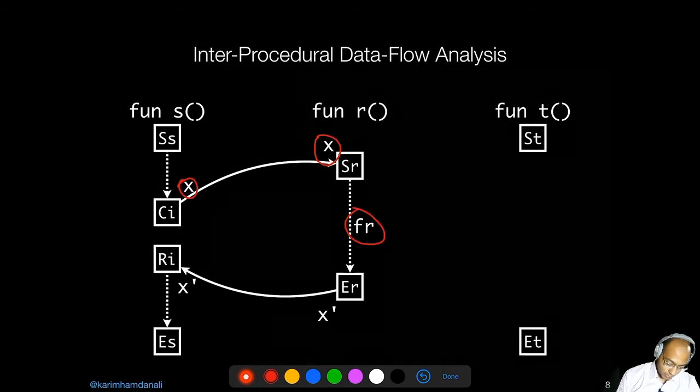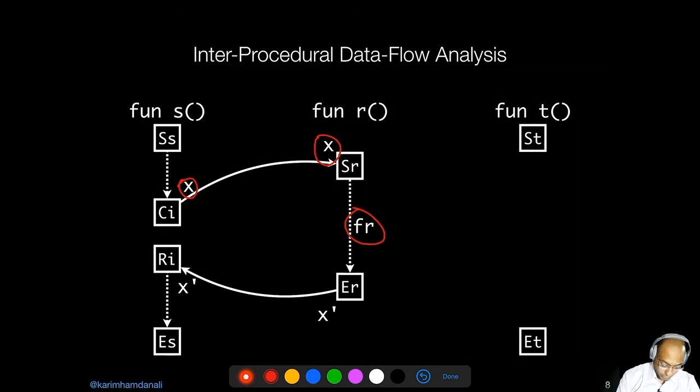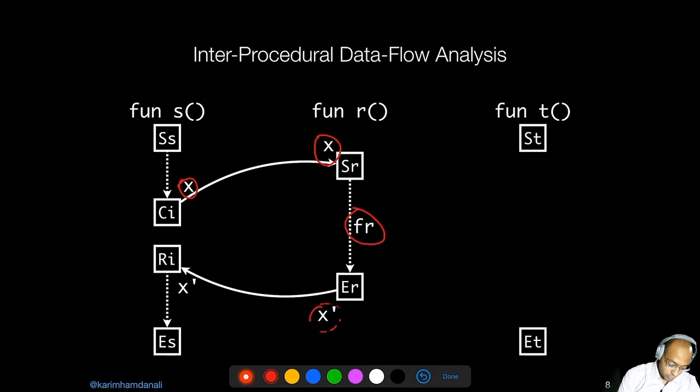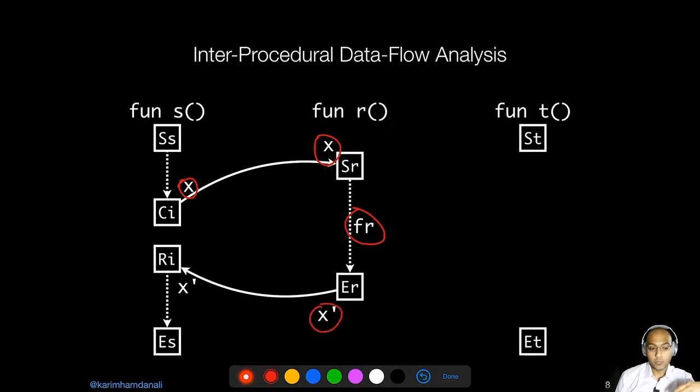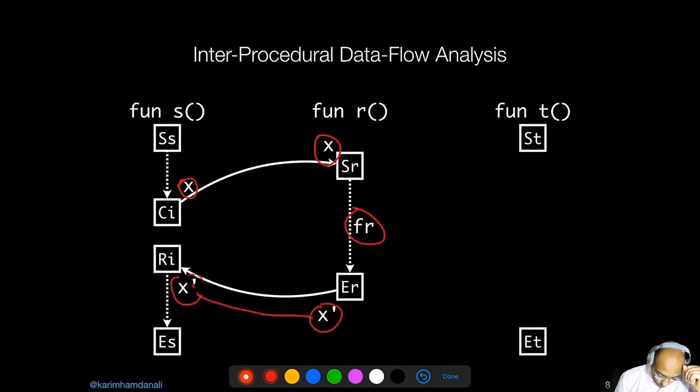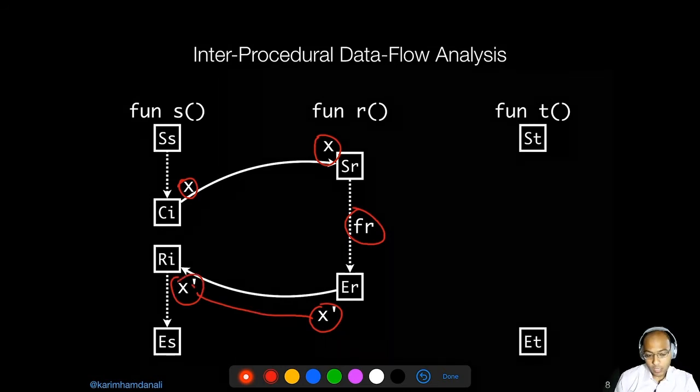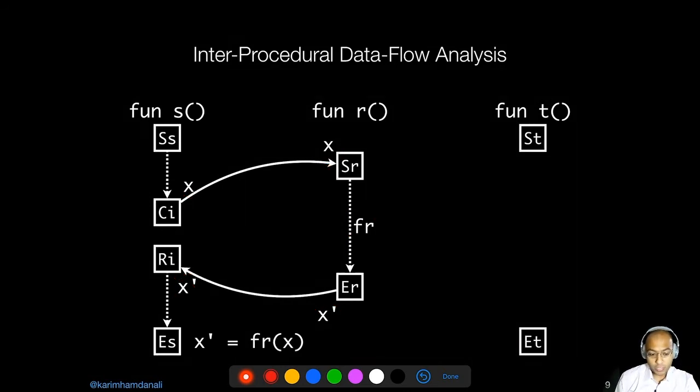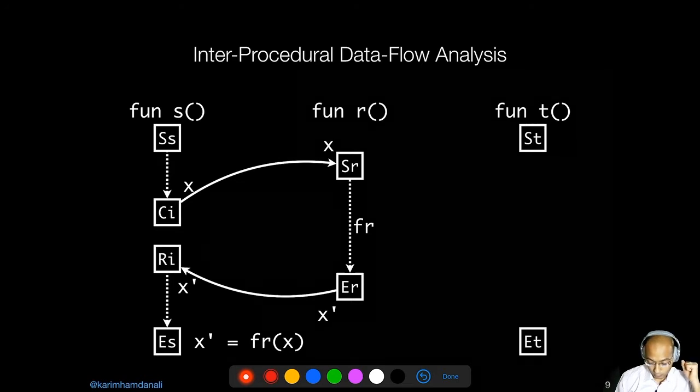The output of that function is going to be x prime, and this is going to be returned to the return site. So this is my return. So x prime will be the application of the function f_R on the argument x at this point.